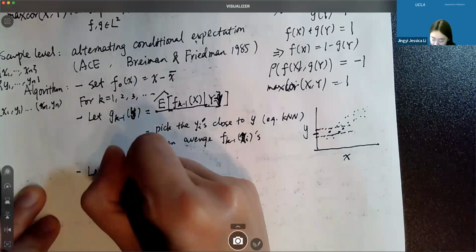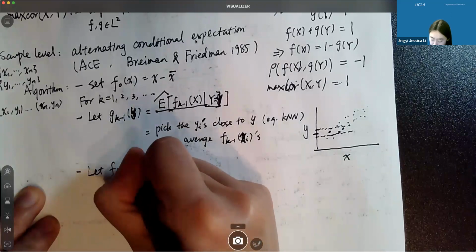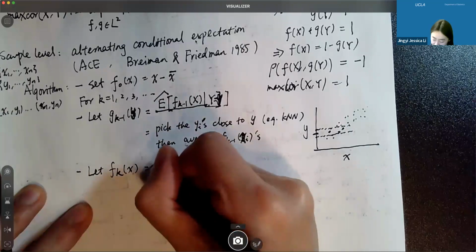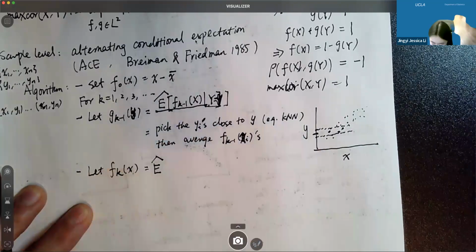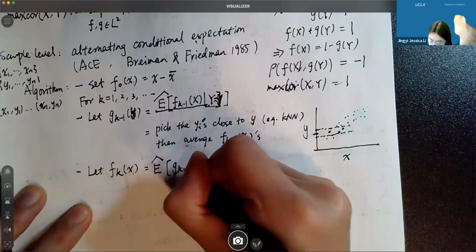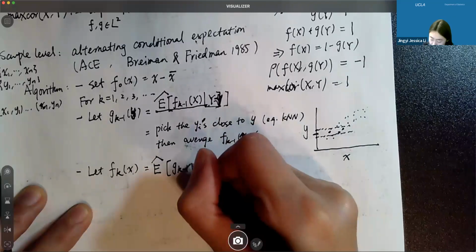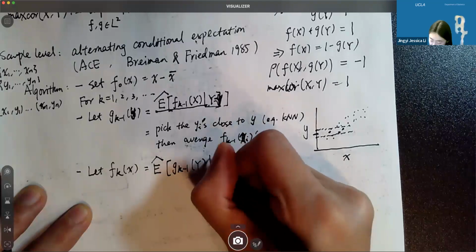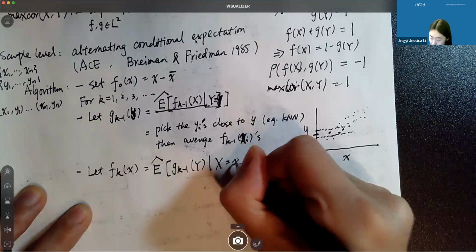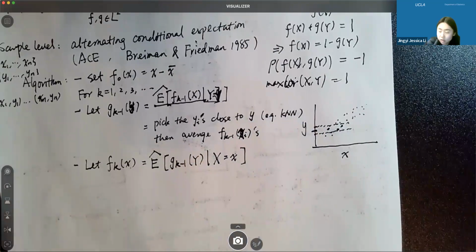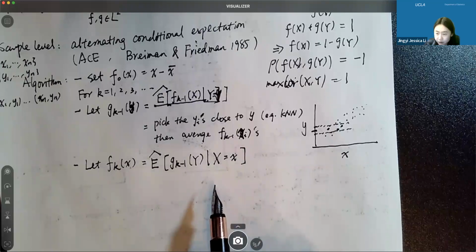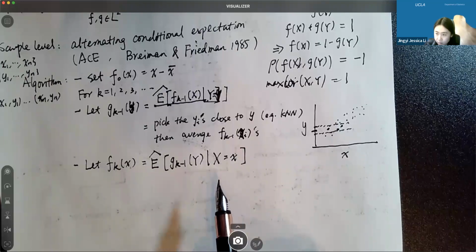So f is updated similarly. For the next f, f_k(x), we will define it as the estimated expectation of this g_k function applied to Y, conditional on x being this thing. I also want to say that this conditional expectation is a very important concept in probability.